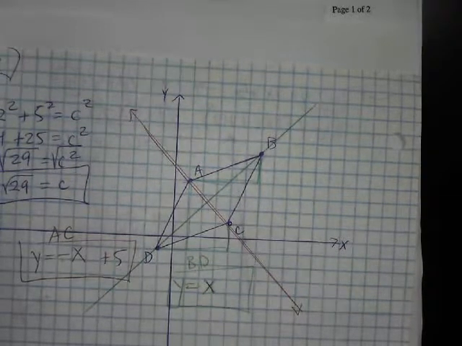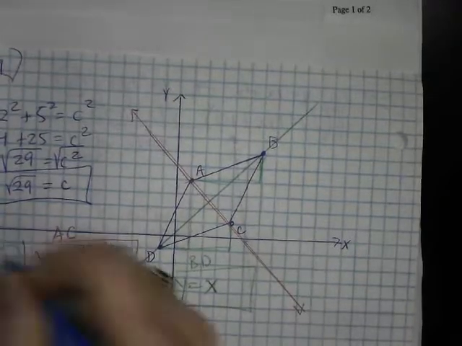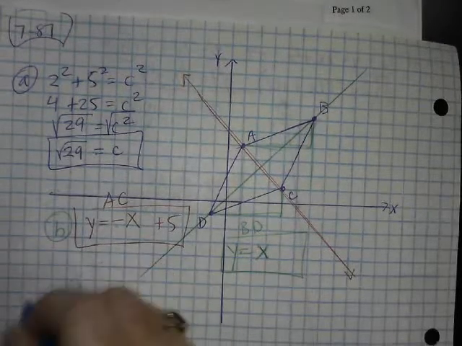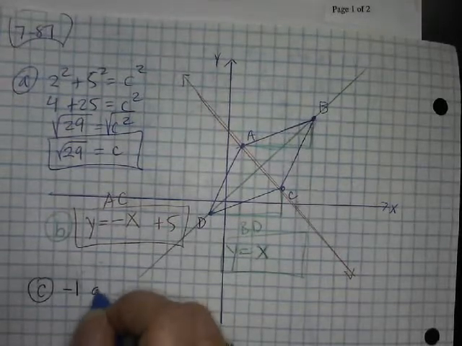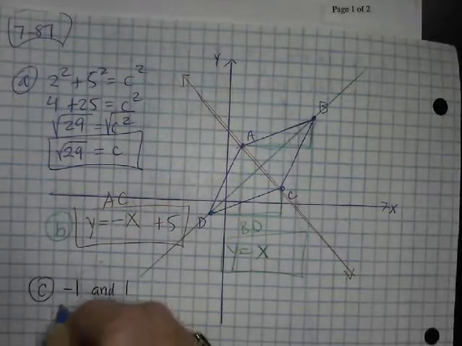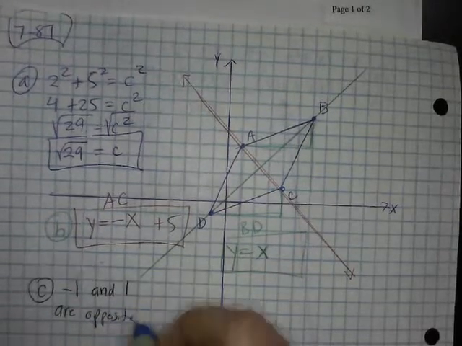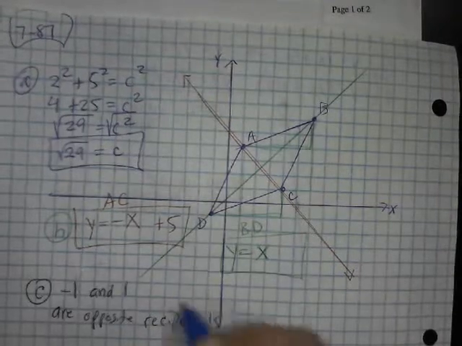Yeah, so part B just said write equations. So this is B, my two equations are written here. And then C would be, compare the slopes, what do you notice? And then you're going to say, negative 1 and 1 are opposite reciprocals. That was a good question to ask.